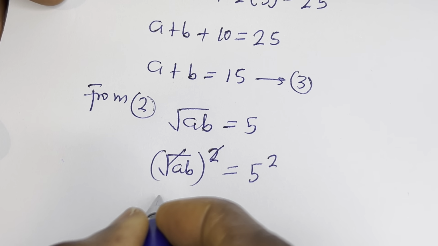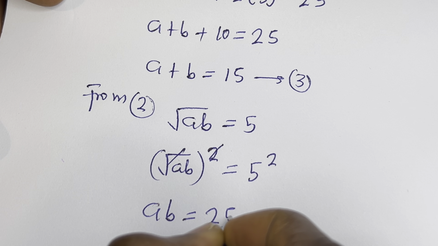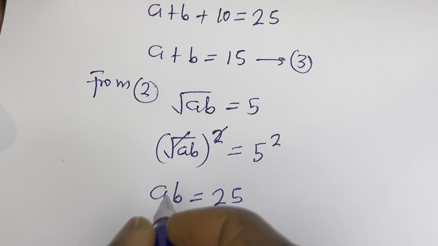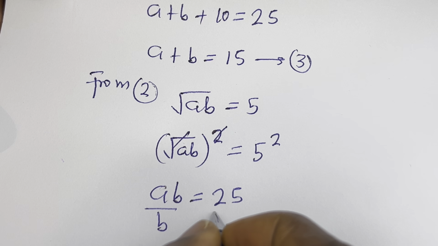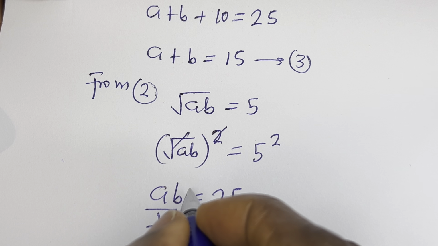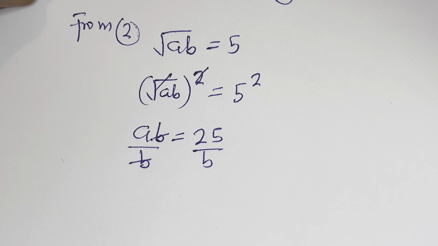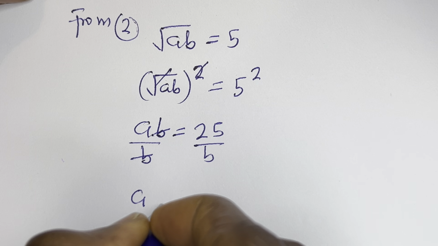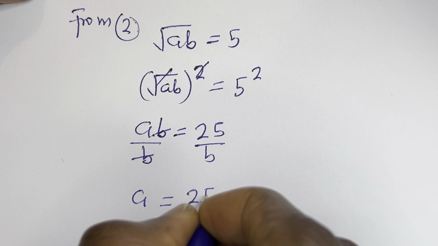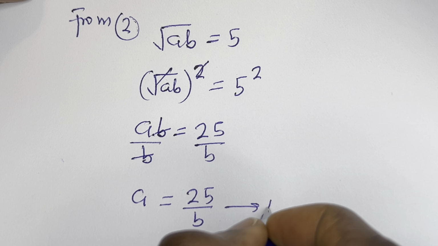This will cancel this. ab is equal to 25. Let's divide both sides by b. This divided by b, this divided by b. This will cancel this. a is equal to 25 over b. Let's call this equation 4.